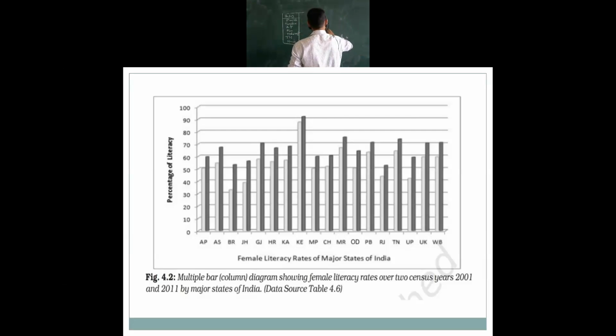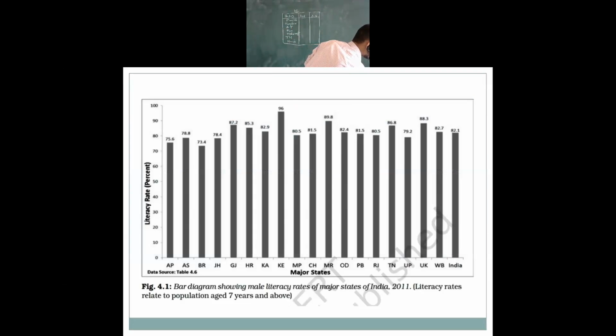Let's try that physically on the board as well as in your notebooks. You can go through this information. I will take the states that are there over here. The 2001 and 2011 information, this is the literacy rate we will take. We will collect the literacy rate information from here.